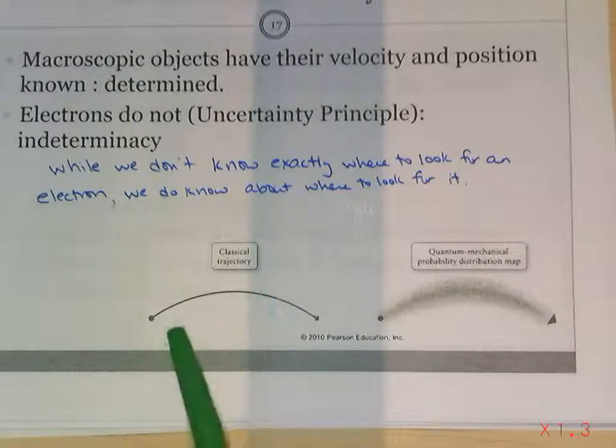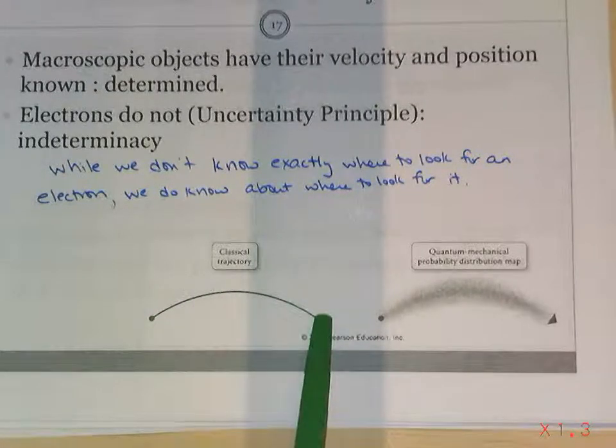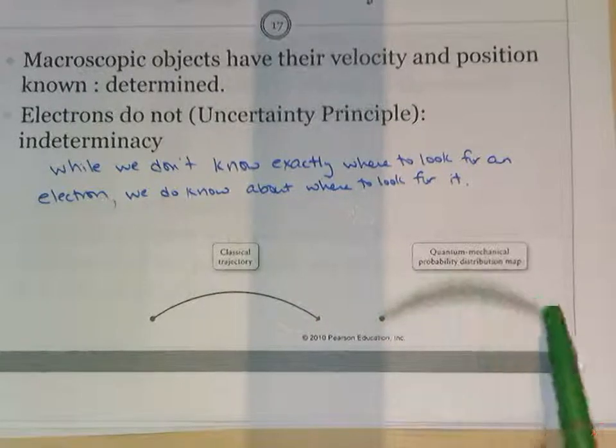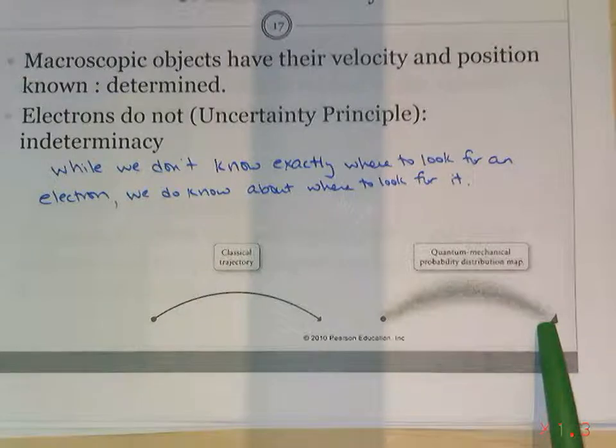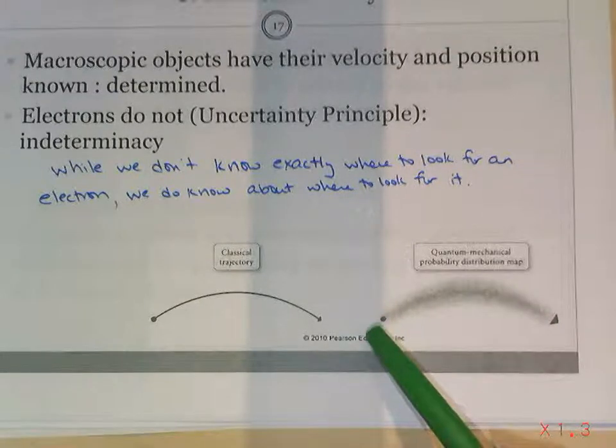It may just be up here, it may be down here, it may start up and then come down shorter. So we can use probability to predict where an electron will be.